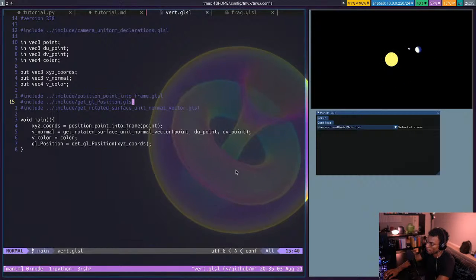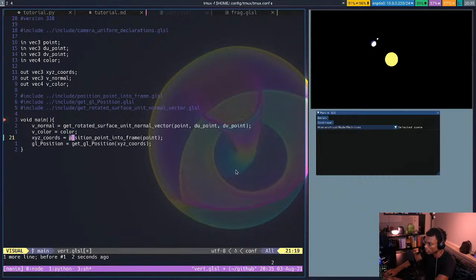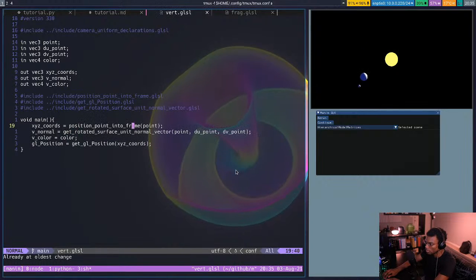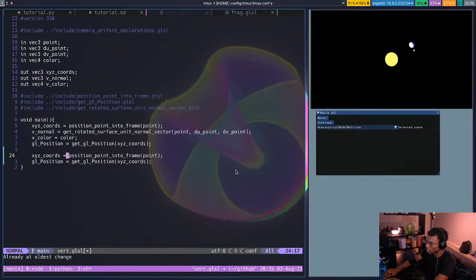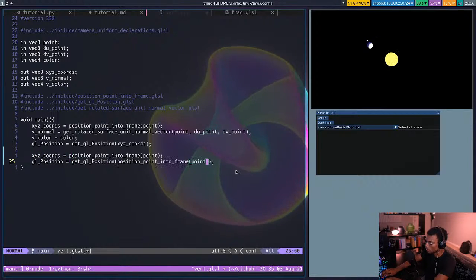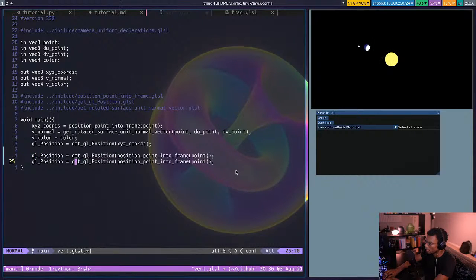So yeah. You can actually see it, the XYZ coords. If I were to rewrite this like this. Hold on. XYZ coords. This is applying a view matrix and then a projection matrix. That's what this is. The way you'd normally do this is basically like this.